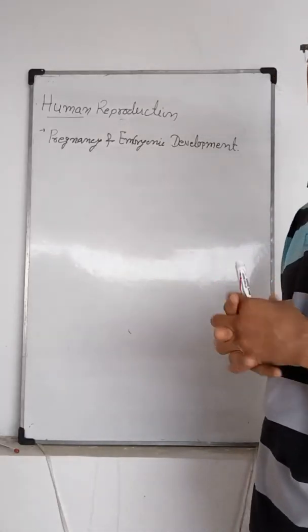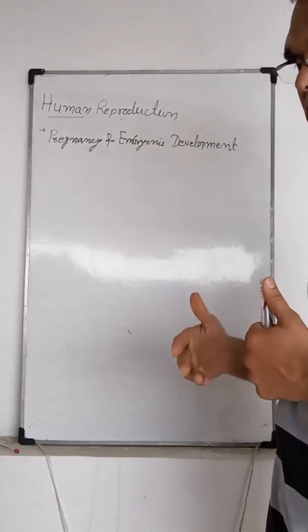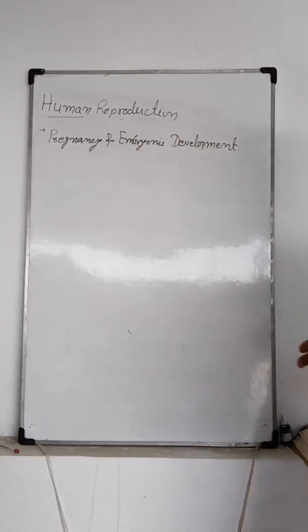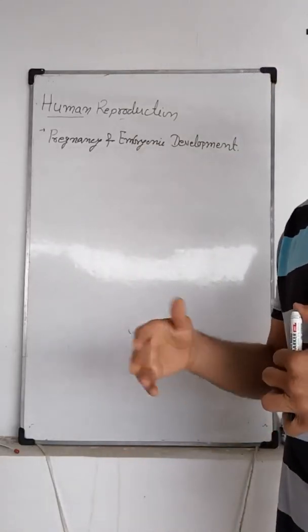During the development of the embryo, different hormones are released by the placenta as well as the female ovary and uterine body. Especially, the placenta also acts as an endocrine gland.